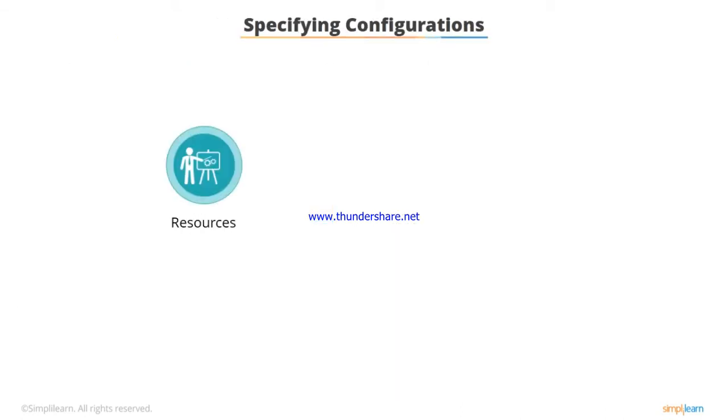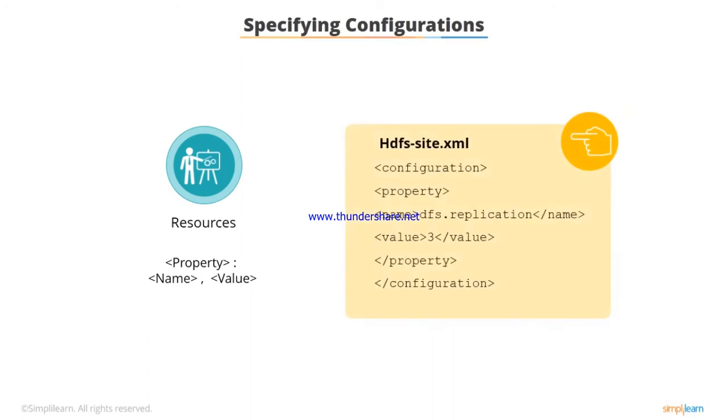Configurations are specified in resources. A resource contains a set of name and value pairs in the form of XML data. For example, consider the file hdfs-site.xml. The name dfs.replication and value 3 is specified under the property tag, as you can observe in the code shown on the screen.